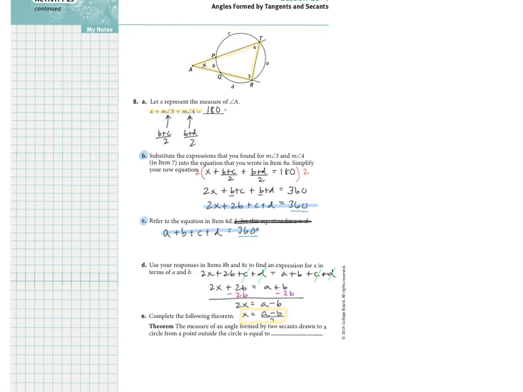Let's see what a is. So a is kind of this outer arc right there. So we're taking the outer arc, that big arc, and subtracting this kind of smaller arc. Both are intercepted by angle A, and then really we're dividing it by 2. We're taking half of that. So that's what we're going to fill in right here.